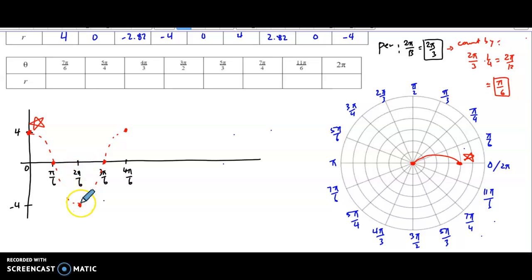At pi over 3, it's at negative 4. Now think about that. At pi over 3, it's negative 4. So we actually have to go the opposite way into quadrant 3. So at pi over 3, it's at negative 4, so I'm going to count 1, 2, 3, 4. Like that. Okay?